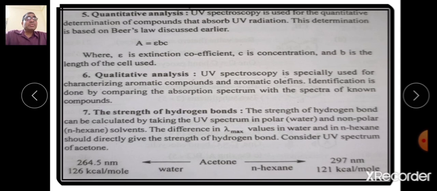The difference between these lambda max values in the polar solvent and non-polar solvent directly gives the strength of the hydrogen bond. The difference is calculated, whether the bond is strong or weak.